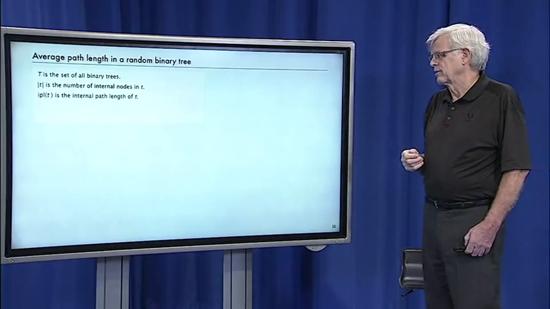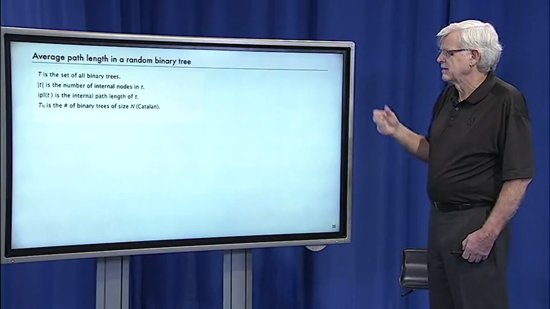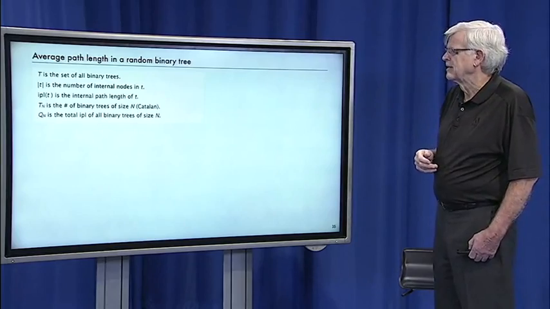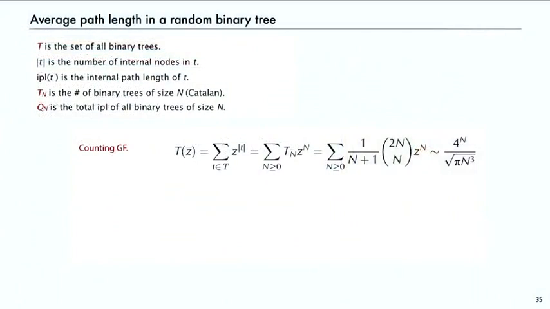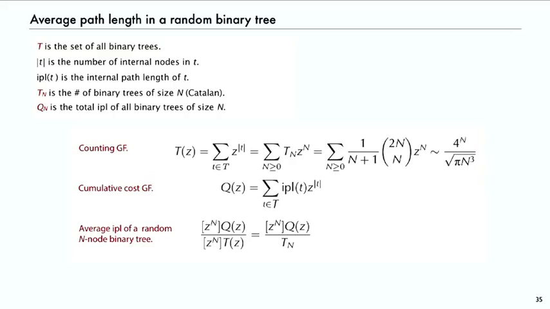Here's the analytic combinatorics derivation of this, and these are all things we've defined so far. The counting GF is just the Catalans, and so that's all the information we know about the Catalan numbers. The cumulative cost generating function is the sum over all trees of internal path length times z to the tree size. That's also equal to the sum on n, sum on k, of Q_nk times k, and so forth.